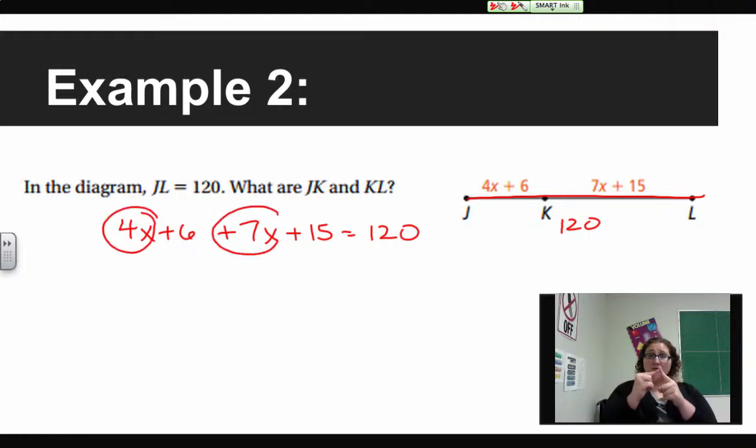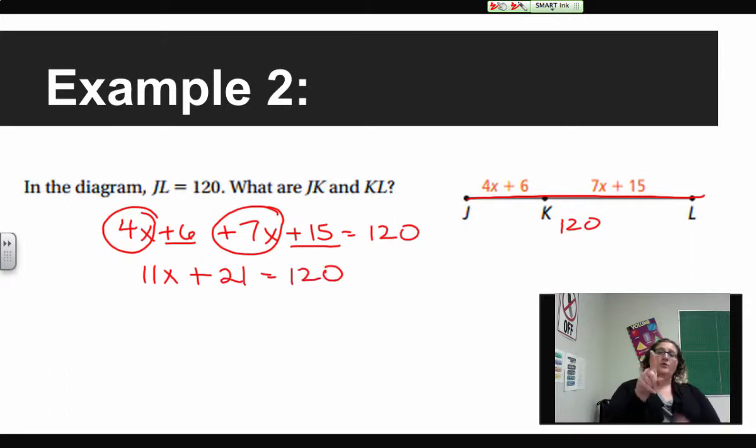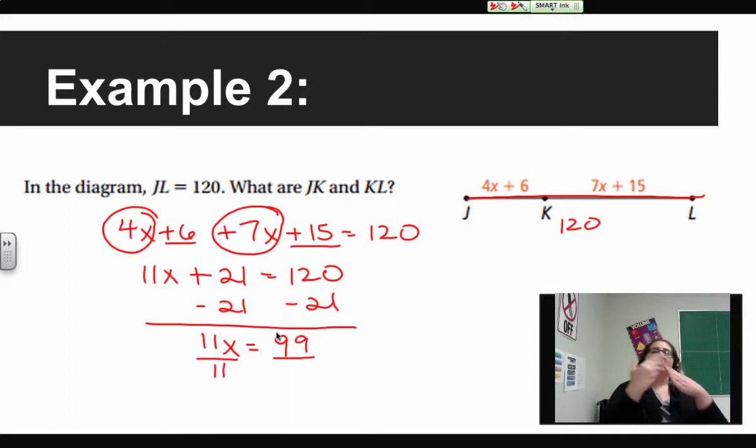So 4x plus 7x is 11x, plus 6 plus 15 is 21, equals 120. I'm going to subtract 21 from both sides, and I get 11x equals 99. Divide both sides by 11, and I get x equals 9.